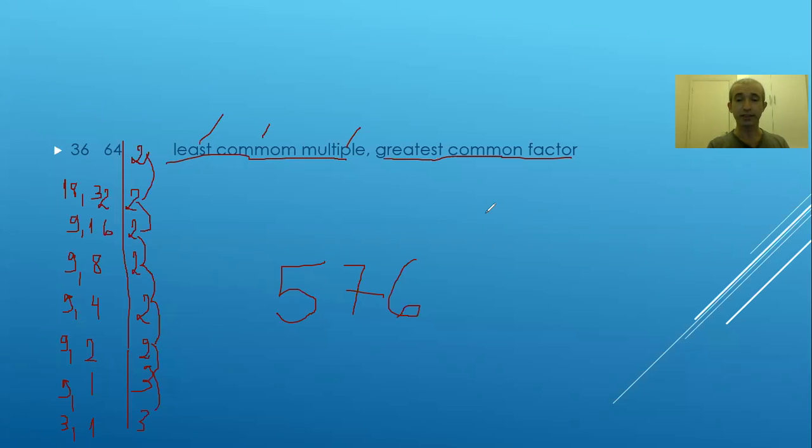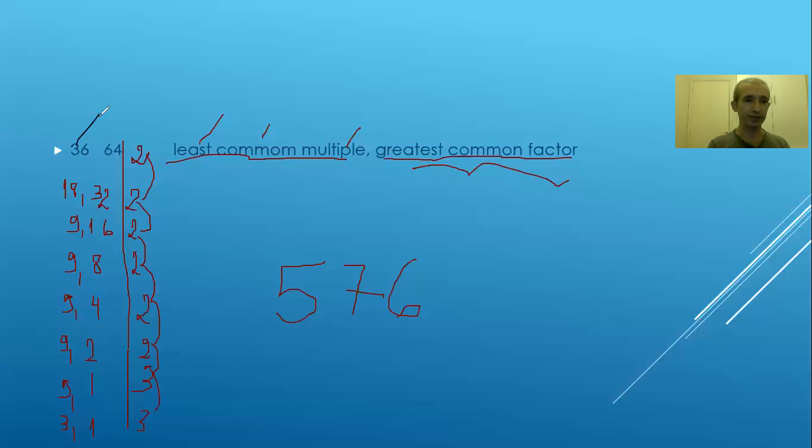All right? But we need to find the greatest common factor. A good way to do this, to save time, I'm going to change the color just to highlight it for you. You can choose just the factors that you use to divide both at the same time.